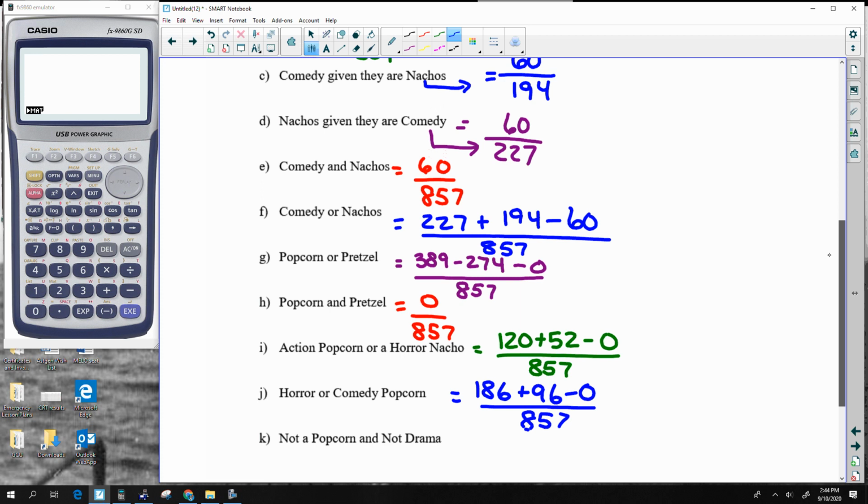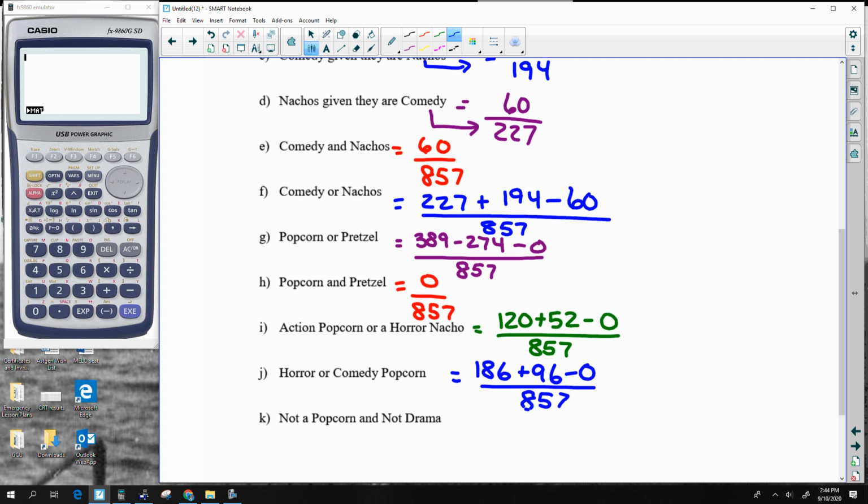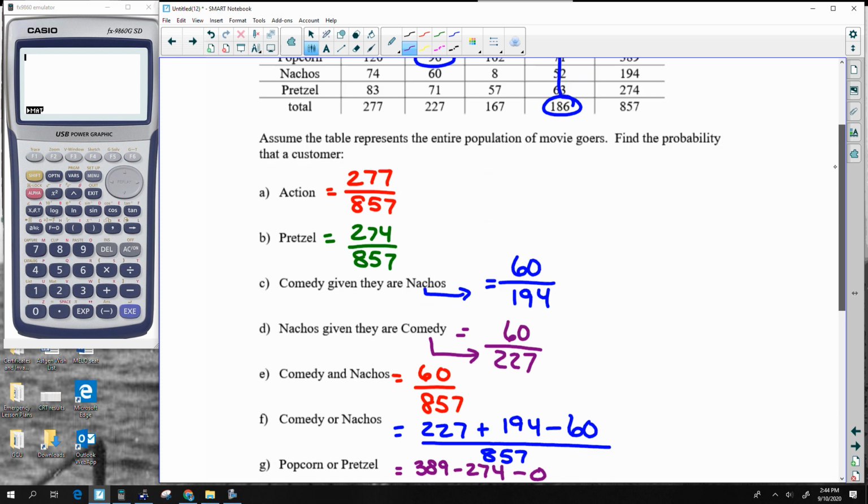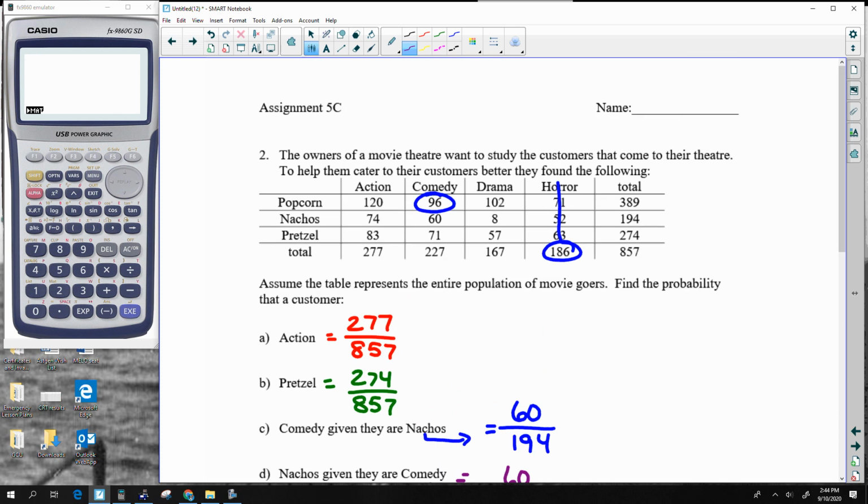All right, this is the last question, and I'm going to, in essence, cut this question. Not popcorn and not drama. So what's not popcorn? Not popcorn would be this. That's not popcorn, and simultaneously not drama.